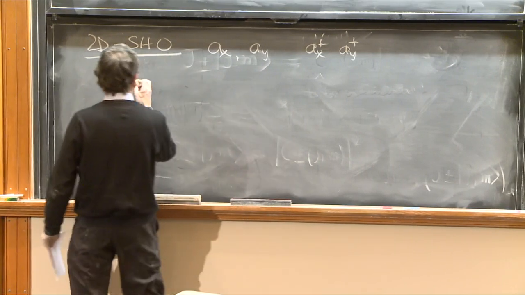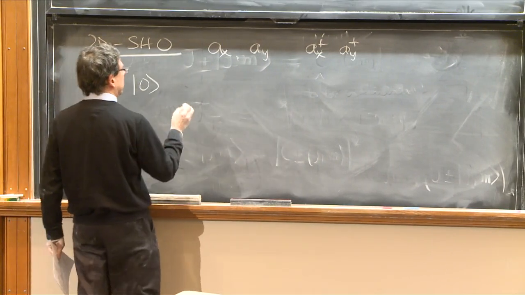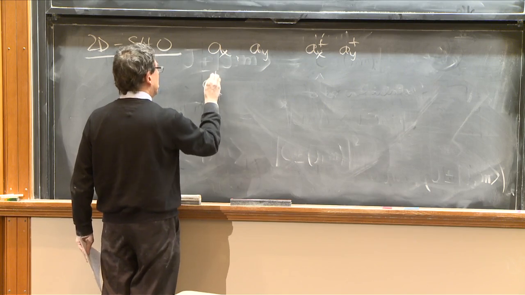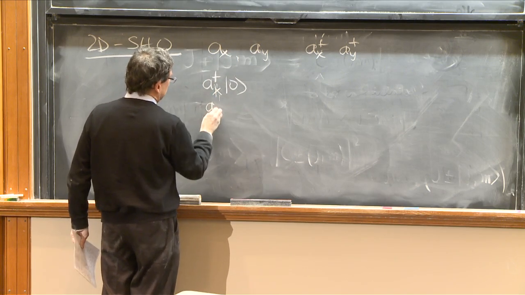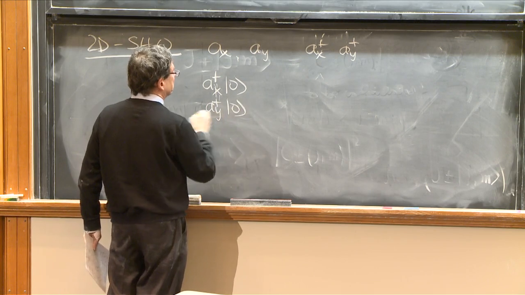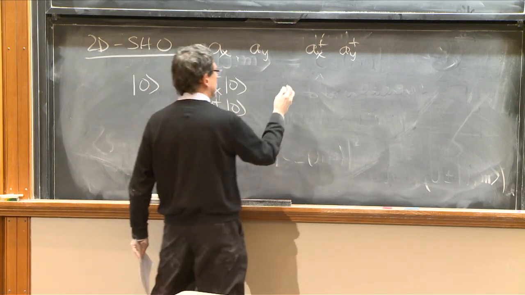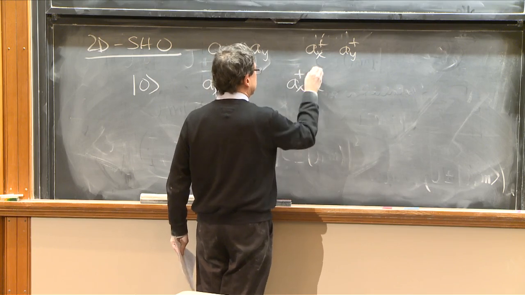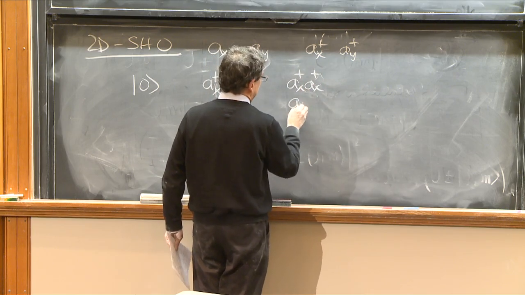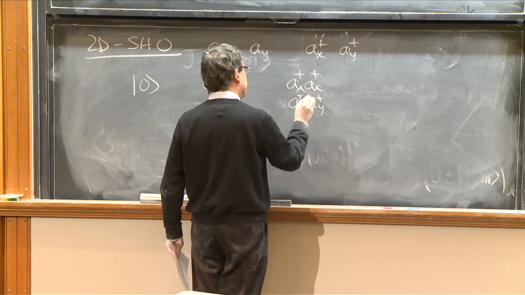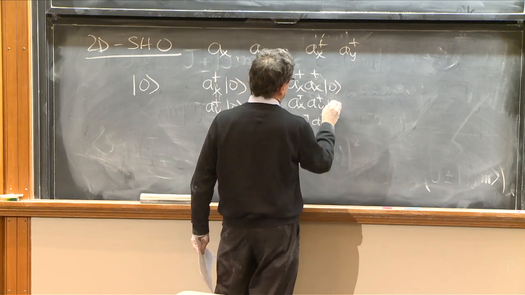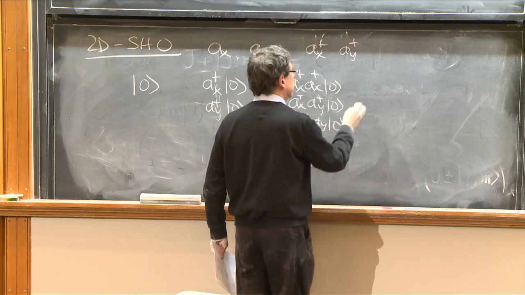Let's look at the spectrum. Ground state. First excited state is isotropic, so two states degenerate in energy. Next states, a_x dagger a_x dagger, a_x dagger a_y dagger, a_y dagger a_y dagger. Three states degenerate.